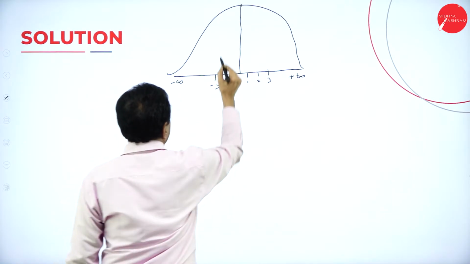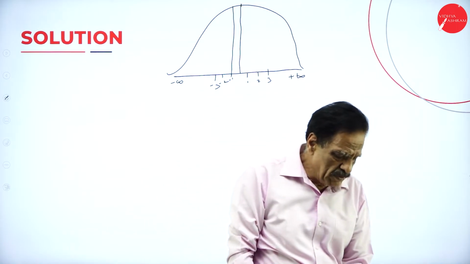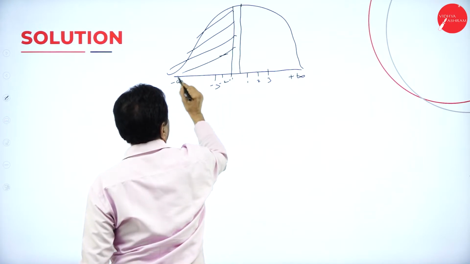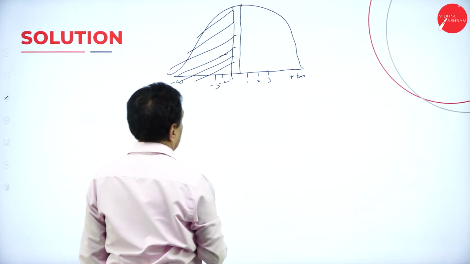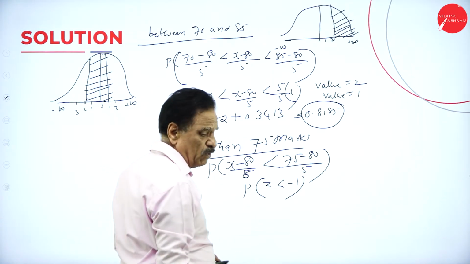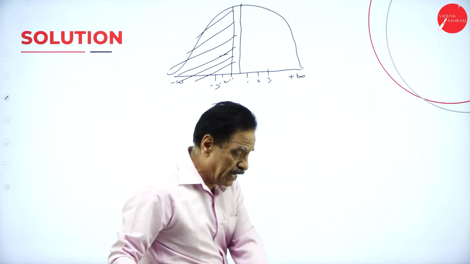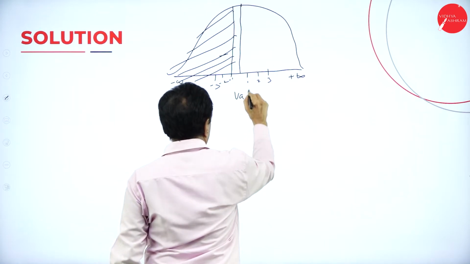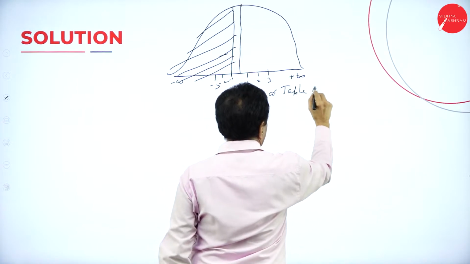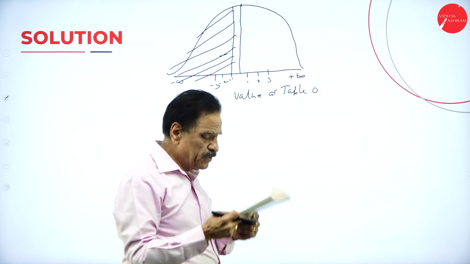They say minus 1, less than. You have to write less than. What's the value you got? 1 value. So the 1 value is 0.3413, as per the table.